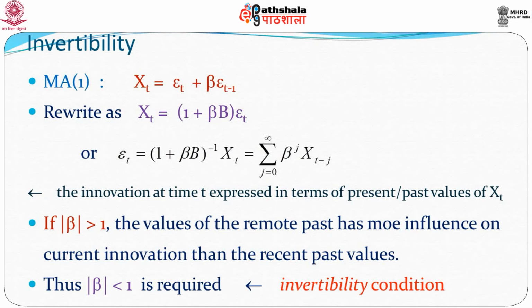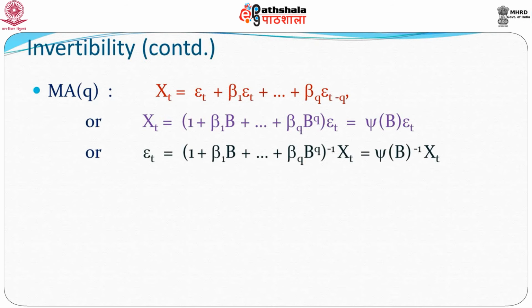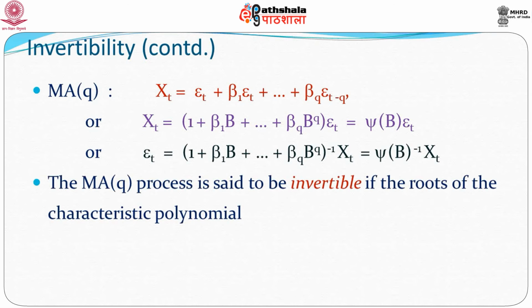So, this is basically the invertibility condition, which really says that the process is invertible if, in this case, we write xt as epsilon t plus, it is a general MA q process, beta 1 epsilon t minus 1 plus beta q epsilon t minus q, and then we write xt as psi b epsilon t, then the process is invertible if the roots of the characteristic polynomial of psi b are all greater than 1 in absolute value.